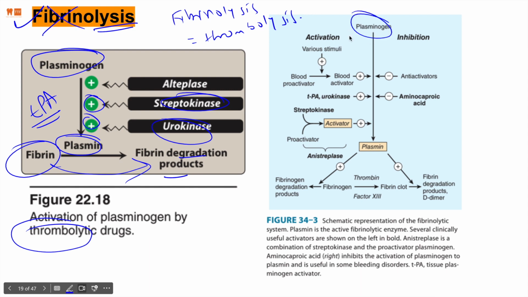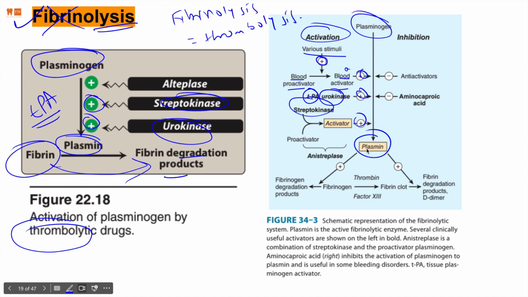Okay, so remember this: plasminogen activation by various stimuli, of course, that make a blood proactivator into a blood activator. We looked at that. Remember the factors with letter A. When that happens, along with TPA and urokinase and streptokinase, they adhere to the process of conversion of plasminogen to plasmin.